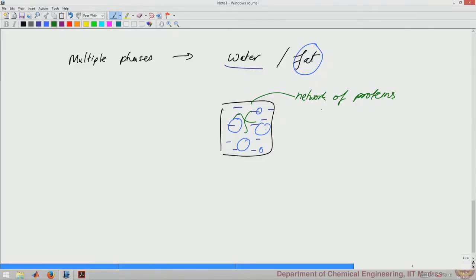And so, for all these different formulations, it is important for us to have the rheology well understood. And given that it is a complex mixture of multiple phases and a network of proteins, more often than not we have a nonlinear rheology playing a more significant role in its overall rheological response.